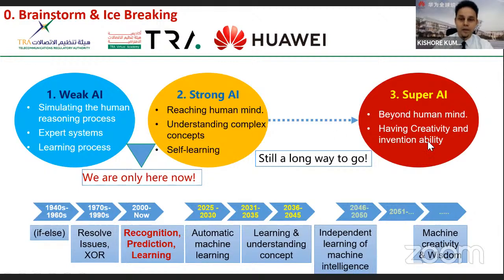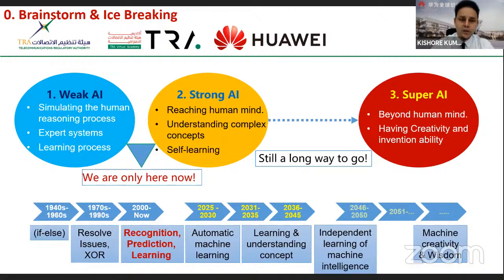In the super AI era, we expect our machines to go beyond the human mind. They can do more than the human mind is capable of doing today. And then having creativity, right? So that would be a big distinction between machines and humans. We can see machines also can be creative. We don't know if we will see those days coming in our lifetime, but that's what we can expect.